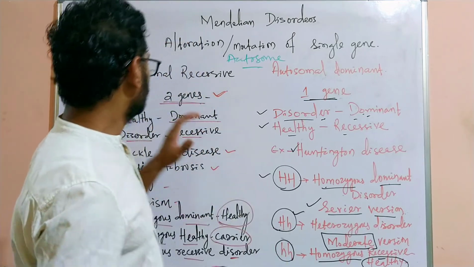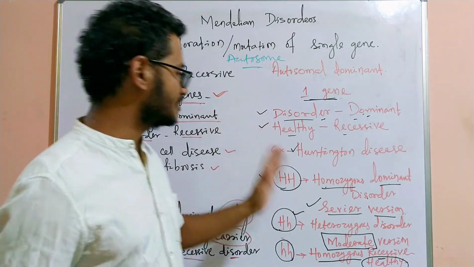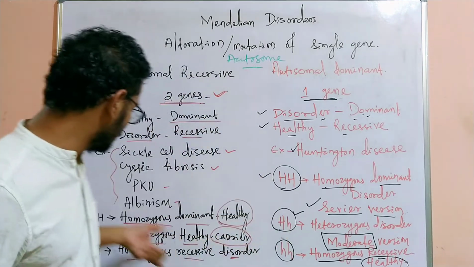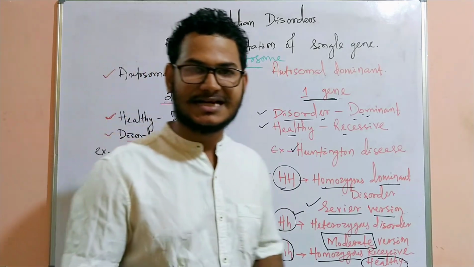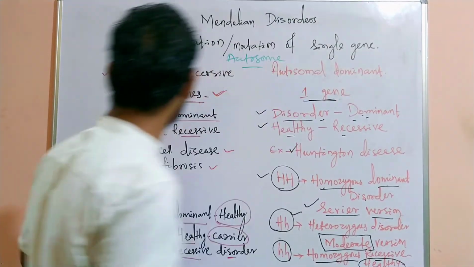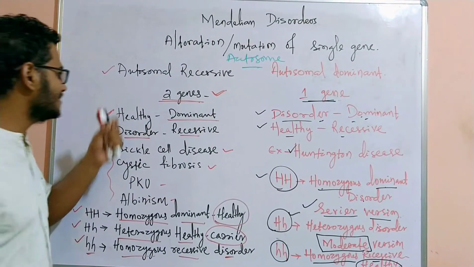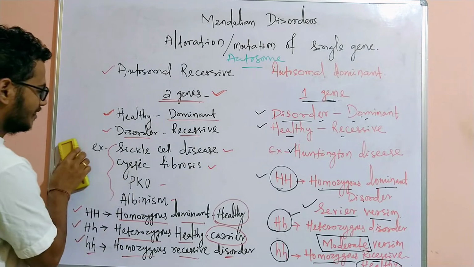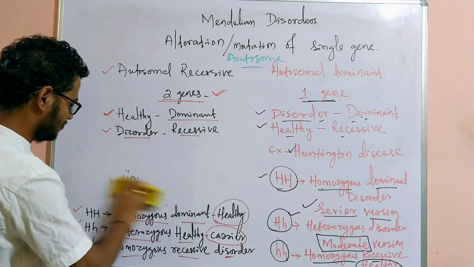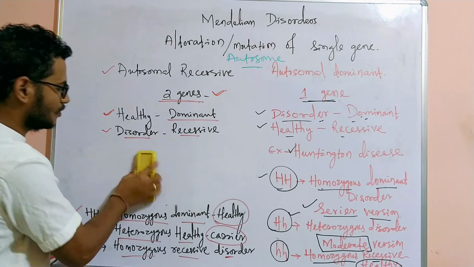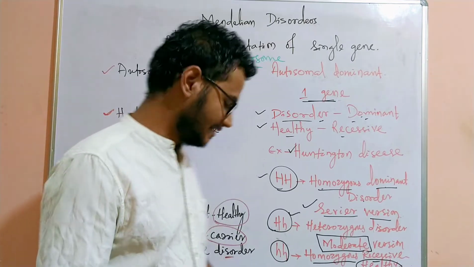Clear? So we will make two different crosses now by taking different situations of how the parents carry the disorder to their offspring. So first let's see about autosomal recessive. In this case what will happen? I will make a Punnett square to show this condition.